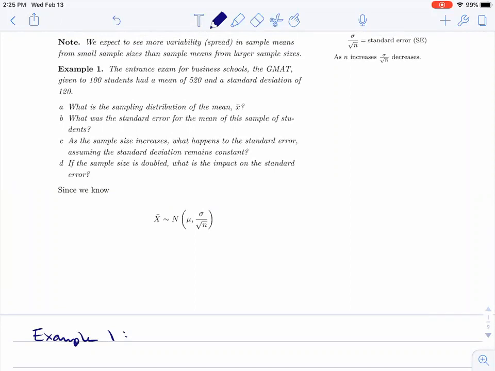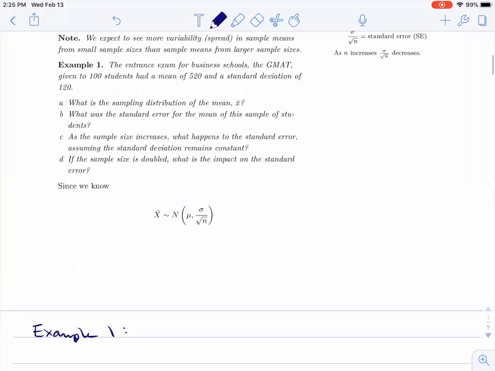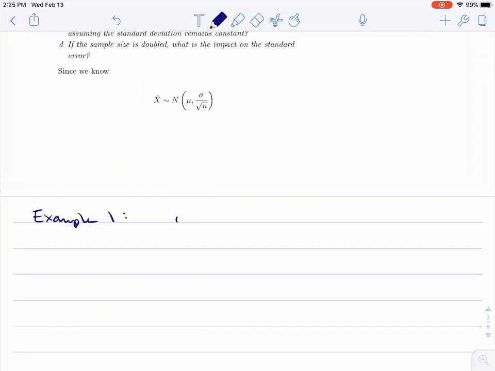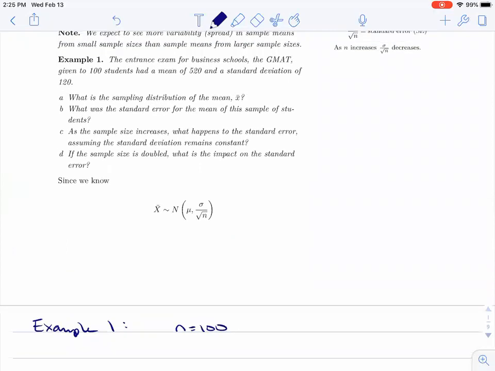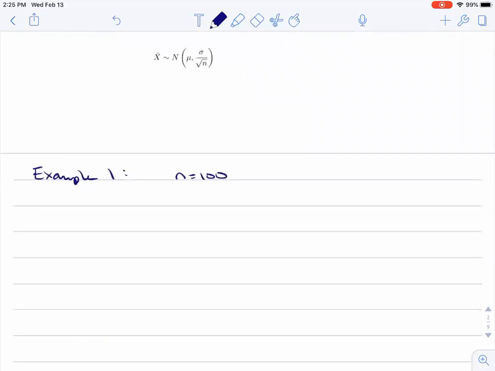And so we've got a sample size of 100, because 100 students, with a mean of 520 and a standard deviation of 120. So the mu is 520 and the standard deviation is 120.